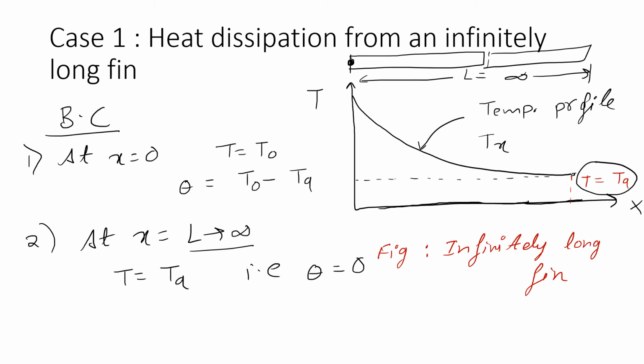When we put all these boundary conditions in the equation which I have mentioned before, we get a temperature distribution equation and a heat transfer equation. So I will write the equations directly.